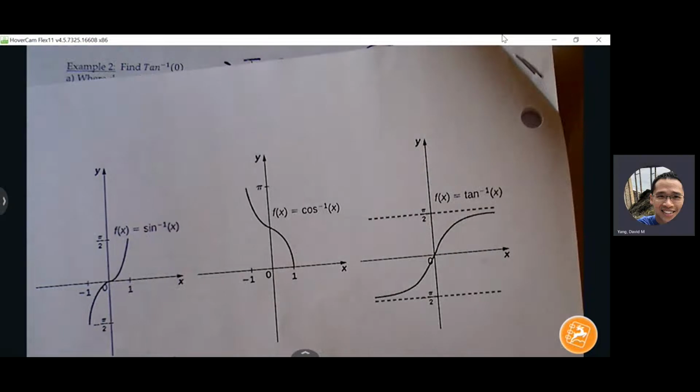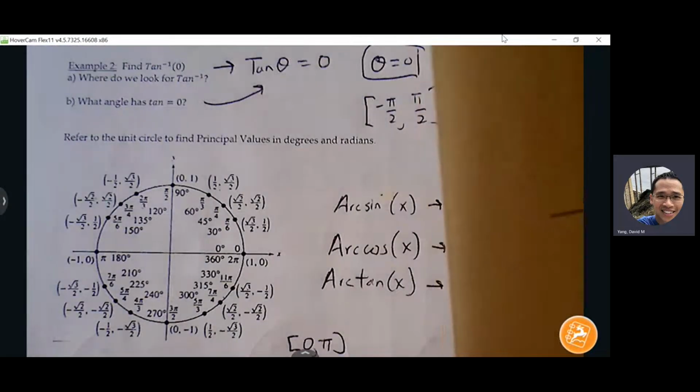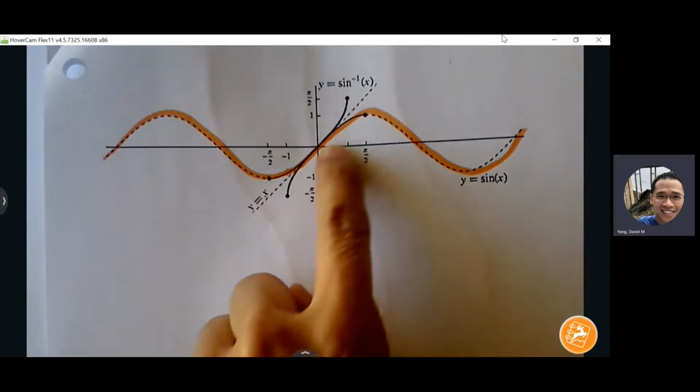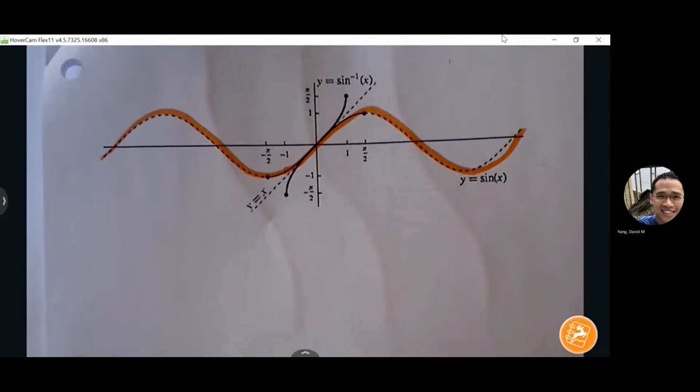I understand the arc cosine restrictions, I just don't understand the arc sine and arc tangent restrictions. Like why it's negative pi over 2 to pi over 2. Right. The reason why is because here is what the sine graph looks like, right? And if I do the inverse, then the inverse is over here, right?